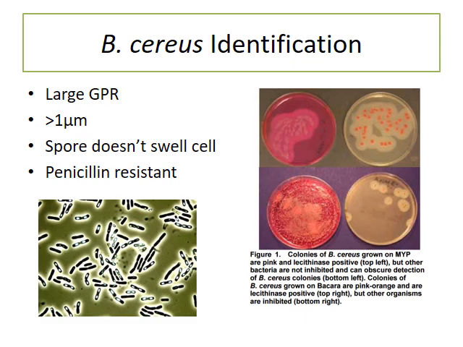Then we have lecithinase, which is actually a modified egg yolk agar. And they grow pink on there as well. And Bacara is a chromogenic agar, and they grow a pink-orange color on that. Okay.